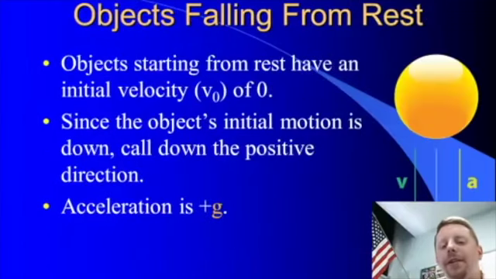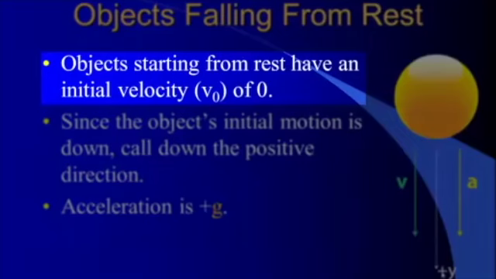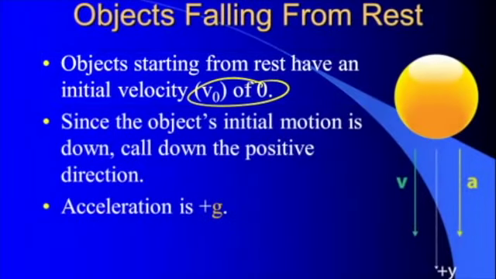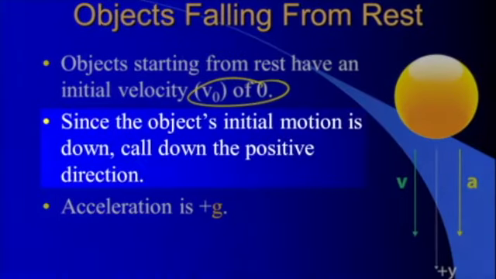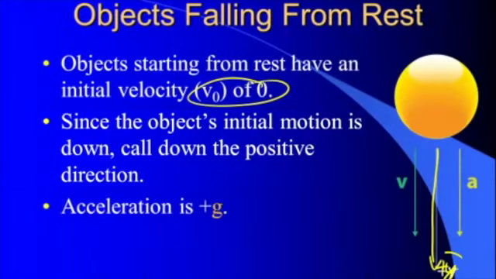Now we'll start off by talking about objects that are falling from rest. Anything that we drop or that falls from rest has an initial velocity of v0 of 0. Now when we talked about the kinematic equations, we said we're going to call the direction of an object's initial motion positive. So for an object dropped from rest, since it's initially moving downwards, we'll call that the positive direction.